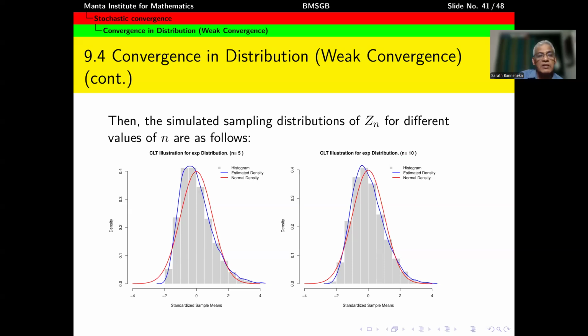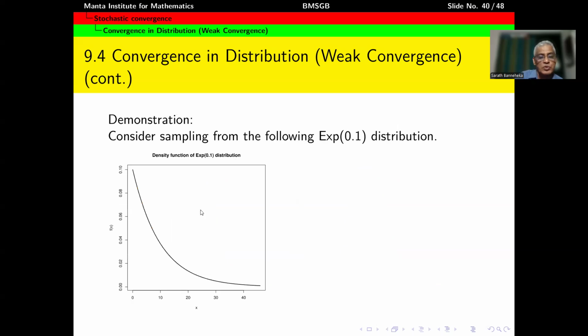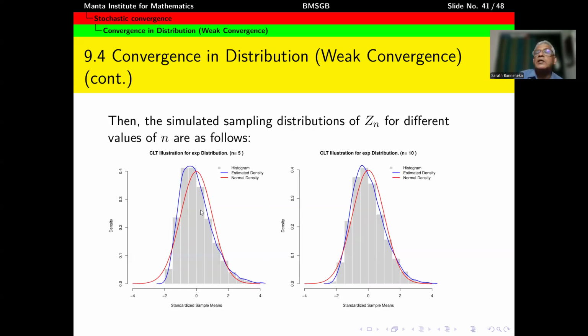That means with different n. So first situation, I'm taking samples of size 5 from this distribution. And then for each sample, I calculate the sample mean. In that case, it is X5 bar, right?